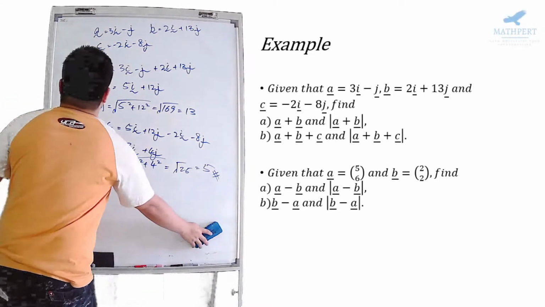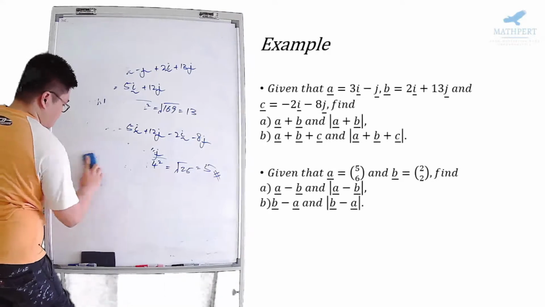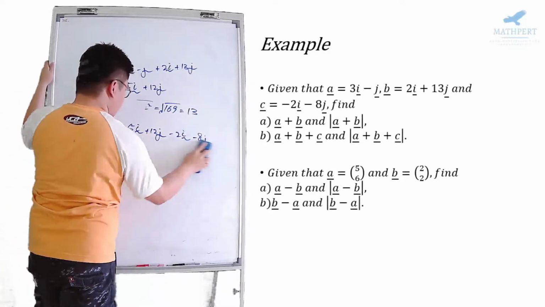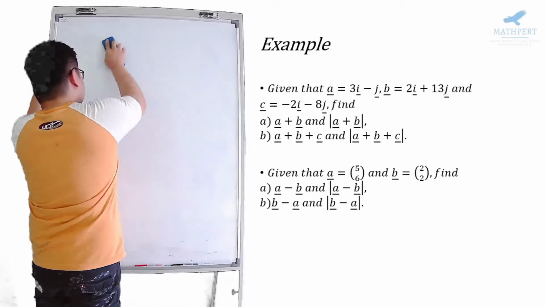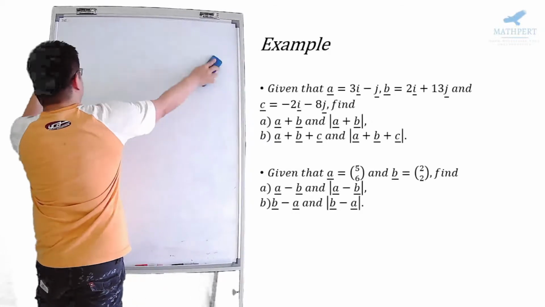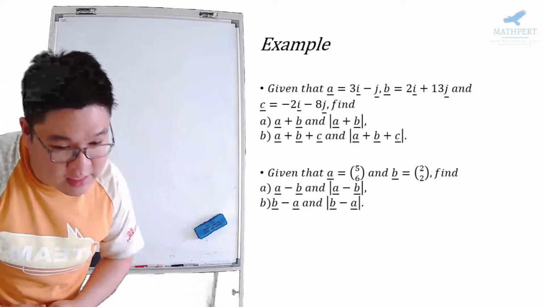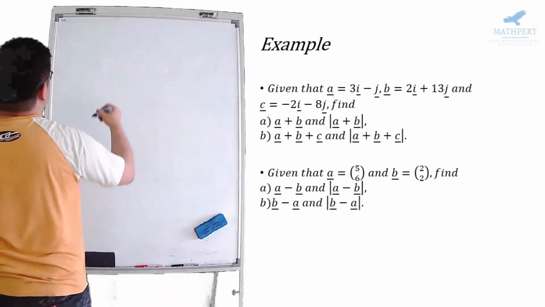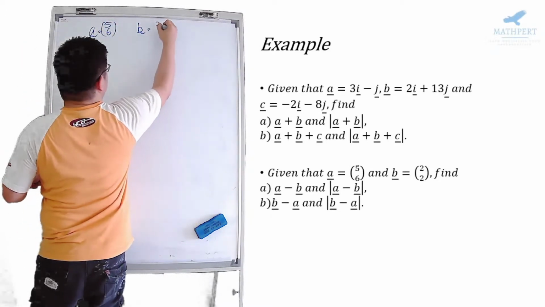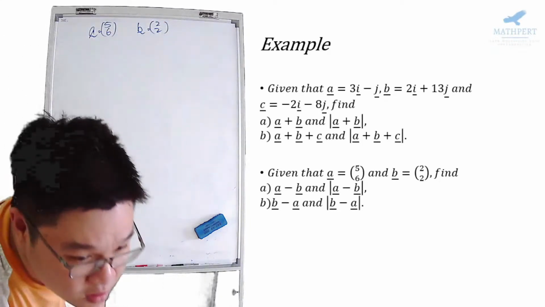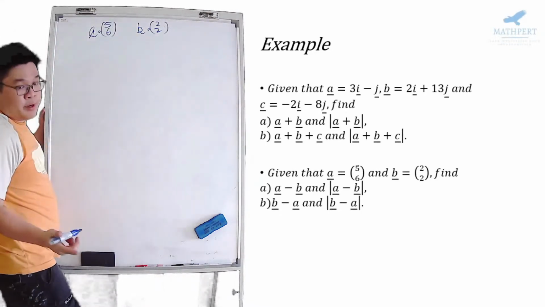Okay, next one. Given that A is (5, 6) and B is (2, 2), find A minus B and the magnitude of A minus B. Same as the previous example.